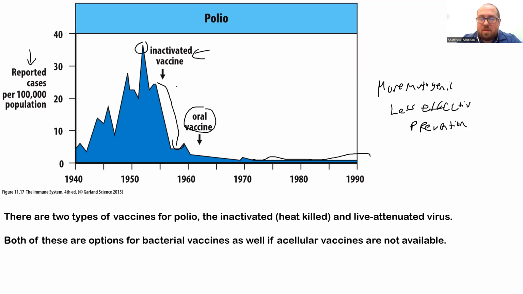But it really goes to show you that when you have vaccines, at least what the data say is that when vaccines are available for something that is again not mutagenic, and you get a lot of compliance in people receiving that vaccine, the more people who have the vaccine, the more prevention you get. It directly correlates to lowering mutagenesis, because again, the fewer people infected, the less mutagenic.